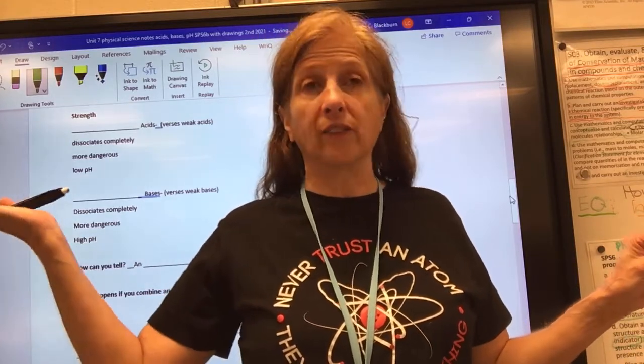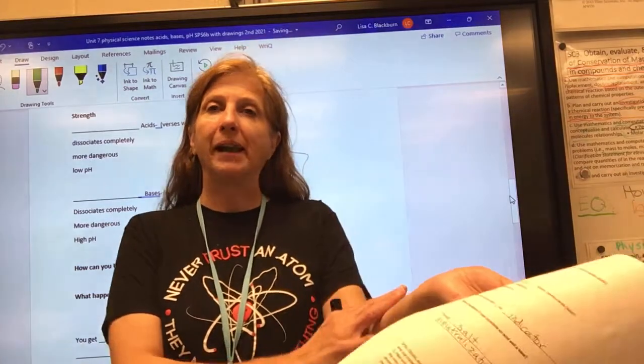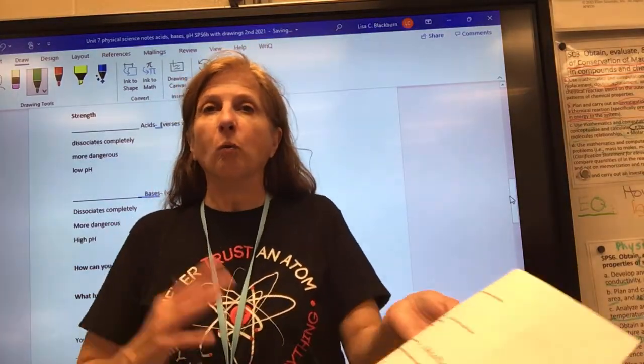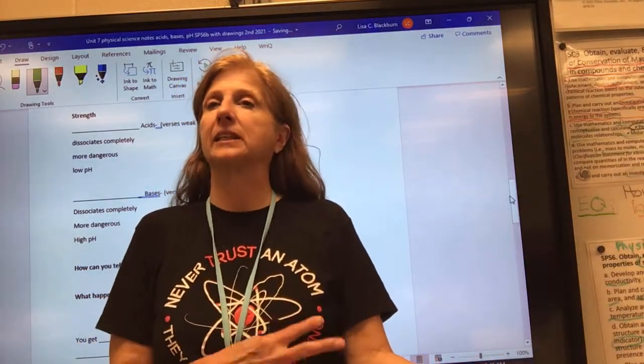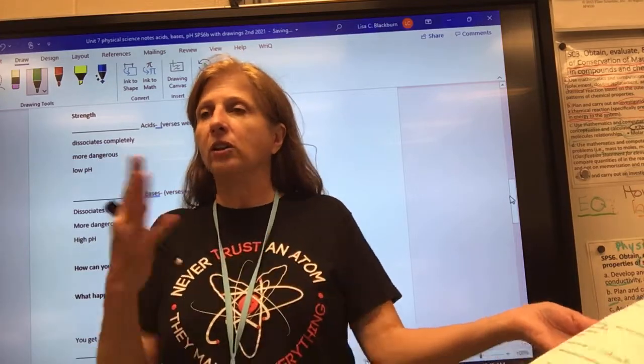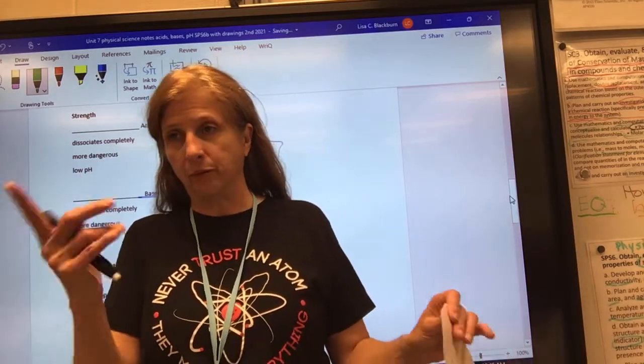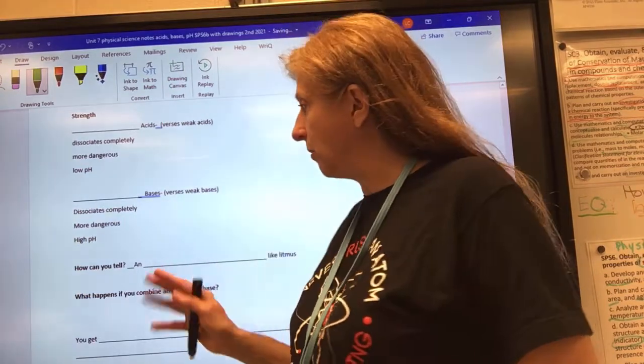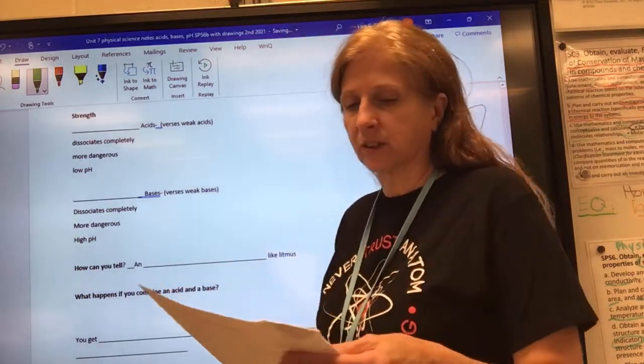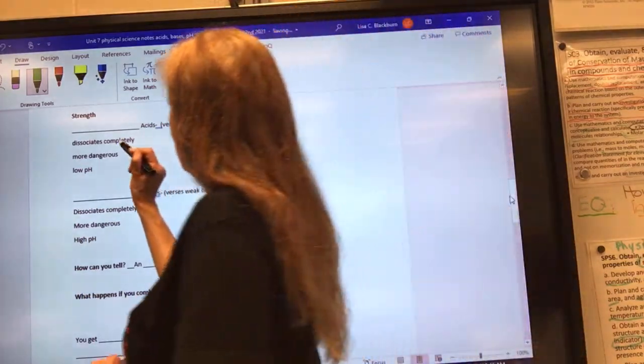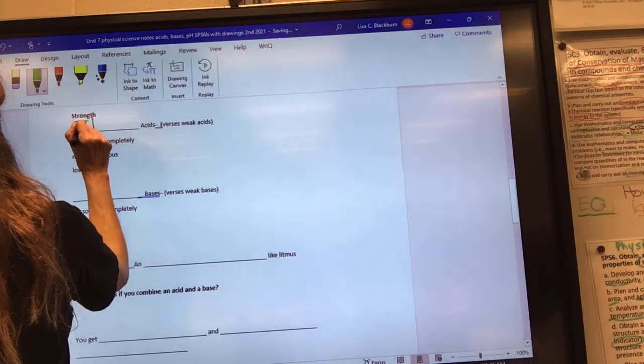Say you're just working somewhere and an acid or a base gets spilt on your arm. What do you do until the ambulance gets there? What can you do to do first aid to help it out? So we're going to talk about that, but not right now because I want us to do our lab first and talk about it.